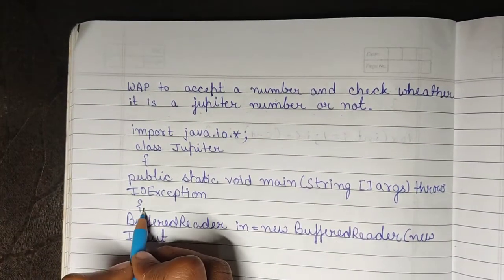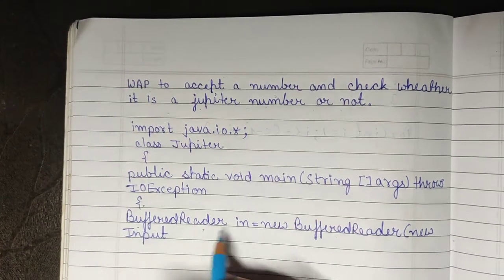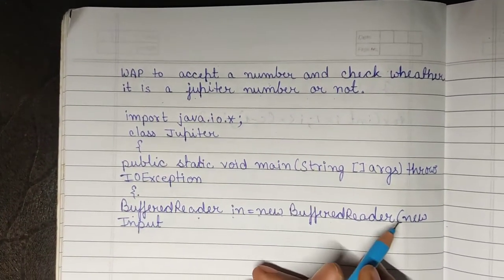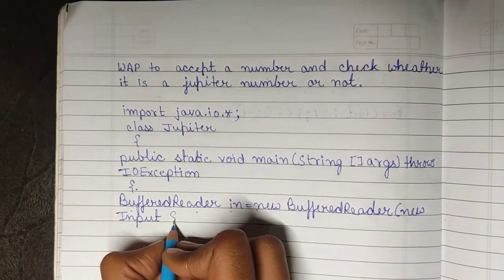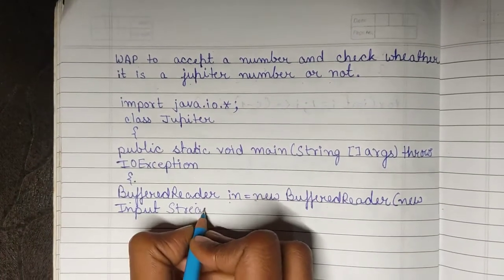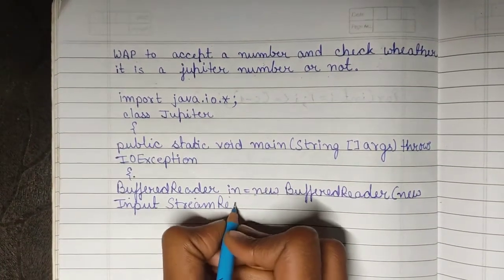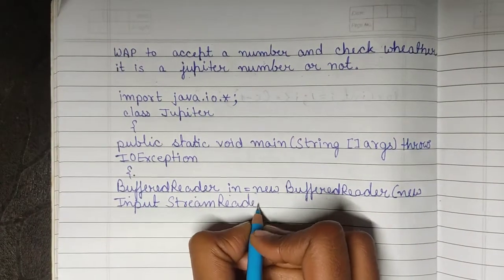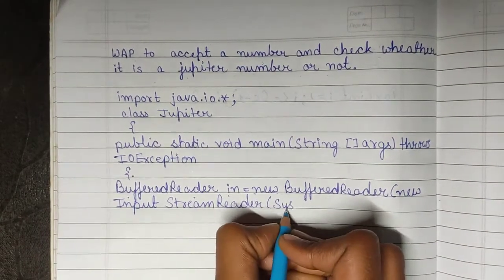Here another brace will open, and BufferedReader br equals new BufferedReader, new InputStreamReader, System.in.